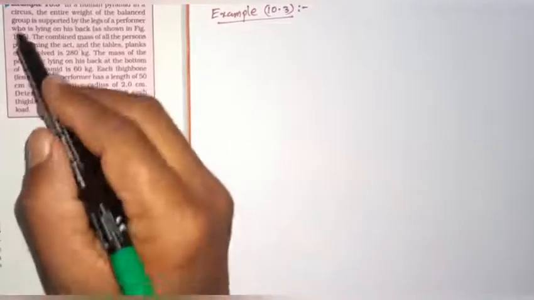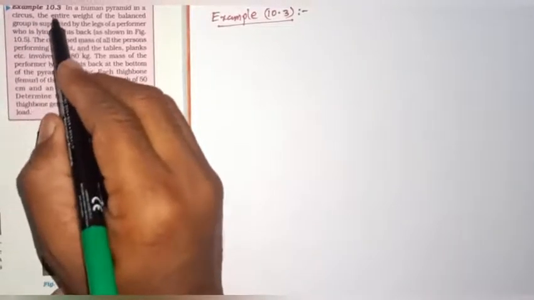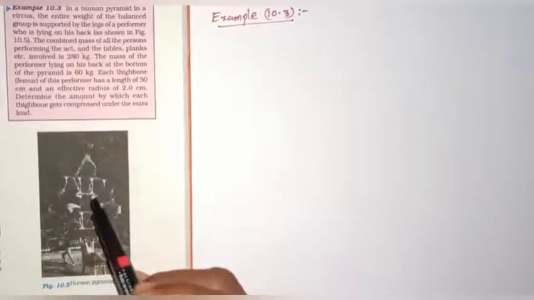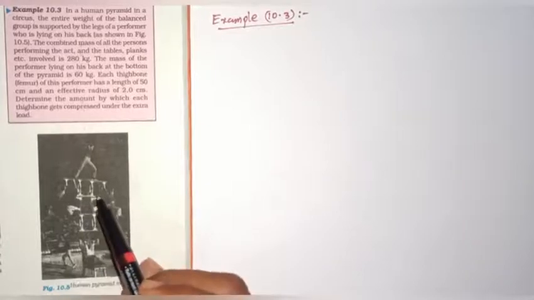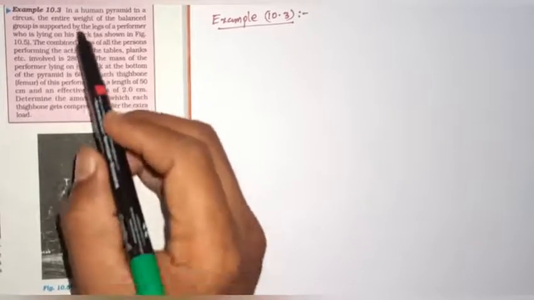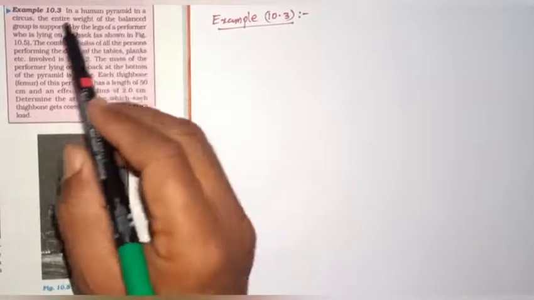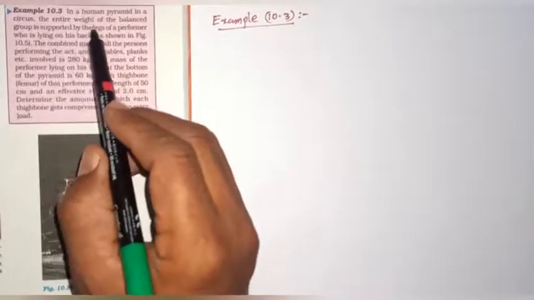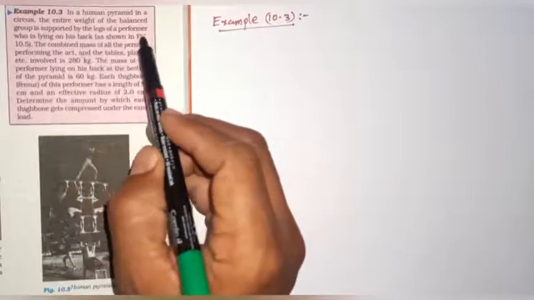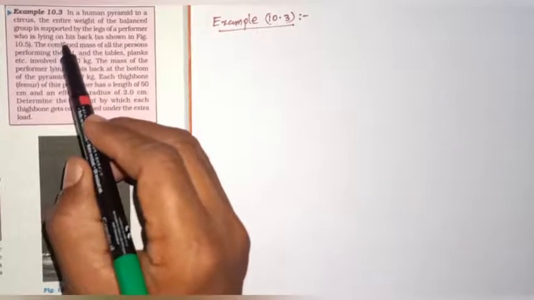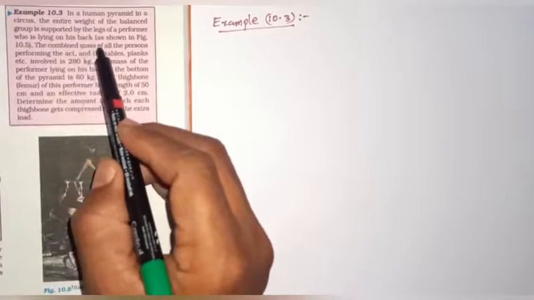Okay, next problem, example number 10.3. Here the diagram is given. A human pyramid: the performers in a human pyramid in a circus, the entire weight of the balanced group is supported by the legs of a performer who is lying on his back.